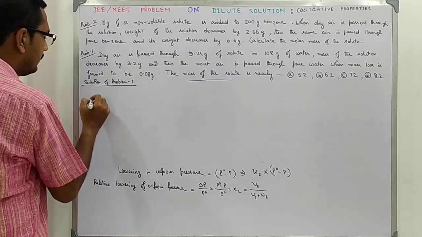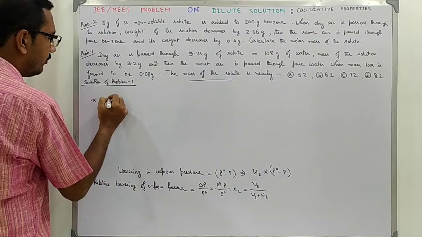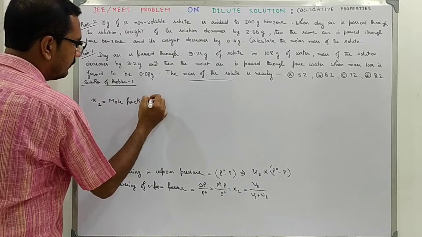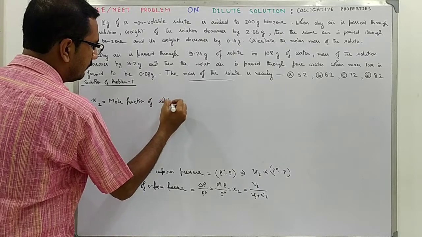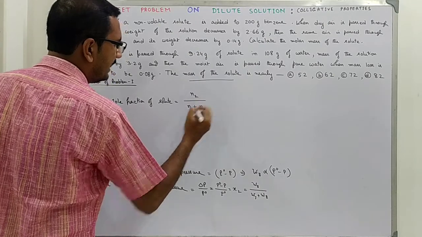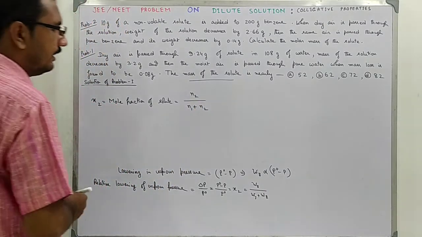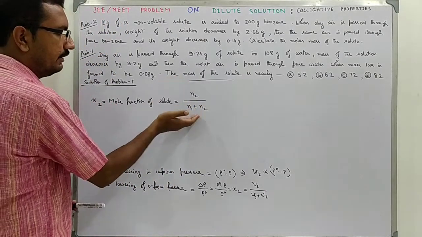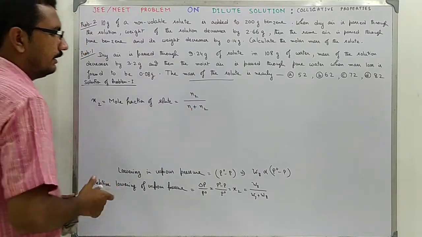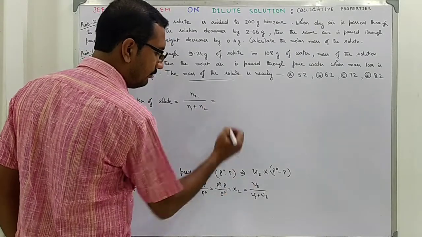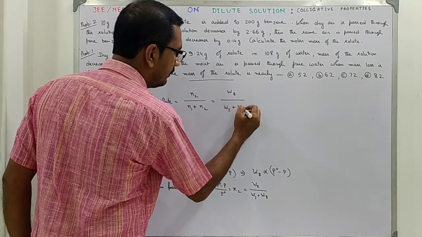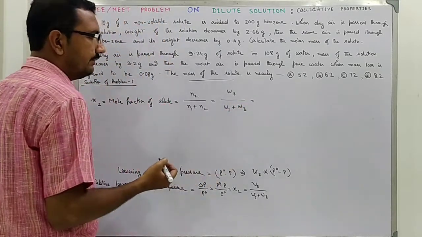Now see, this X2 is the mole fraction of the solute, equals N2 by N1 plus N2, that is moles of solute by total moles, that is the mole fraction of solute. Now it is this W2 by W1 plus W2, and we have the values.